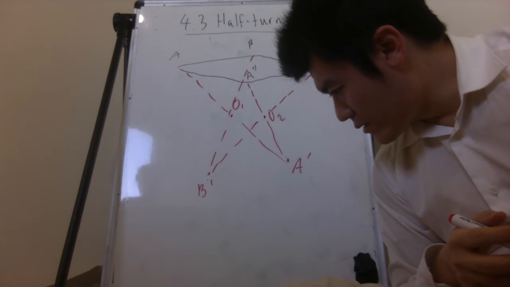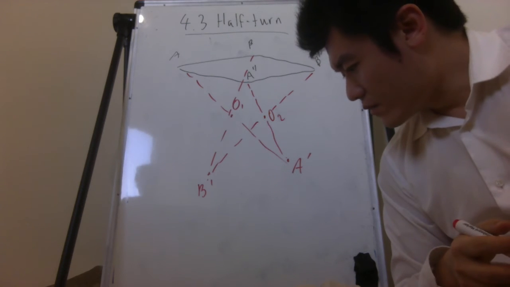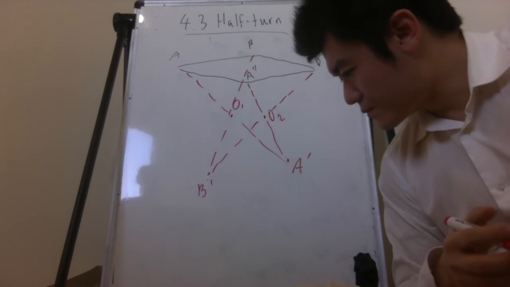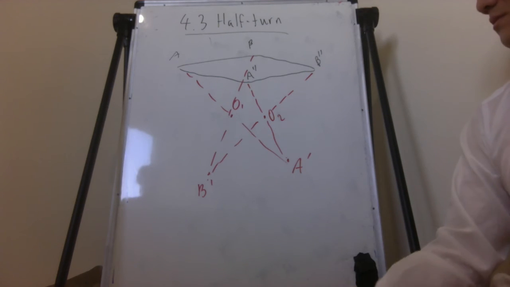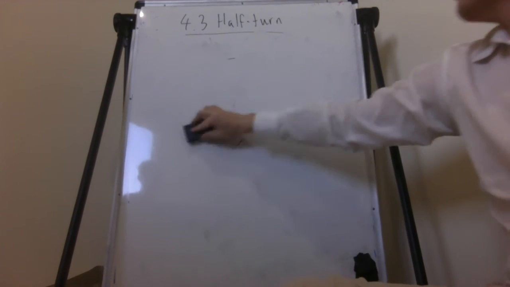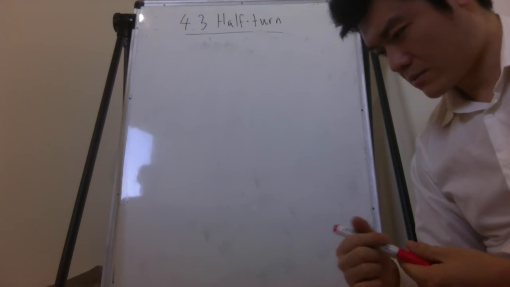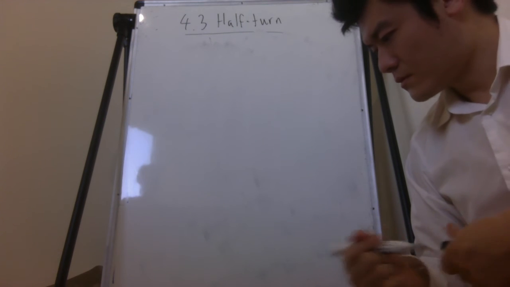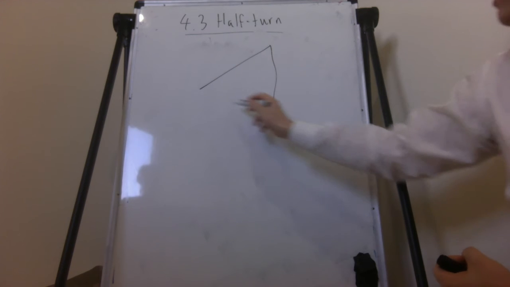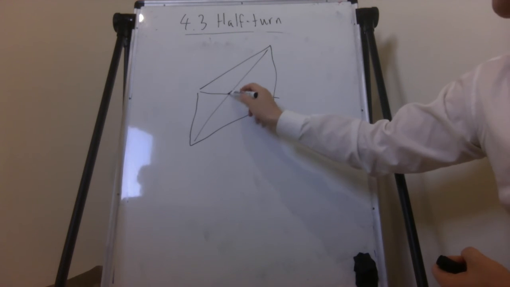Many old and familiar theorems can be proved simply when half-turns are used. In figure 4.3b, O is the common midpoint of the two segments. So you have a parallelogram, maybe? It's O, yeah?